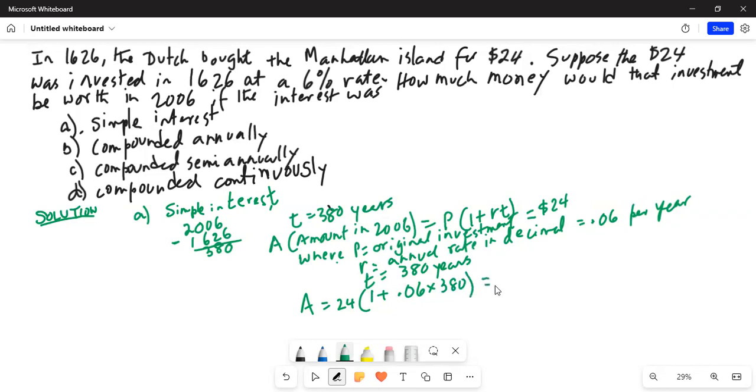So we will use the calculator. 0.06 times 380 is equal to 22.8.